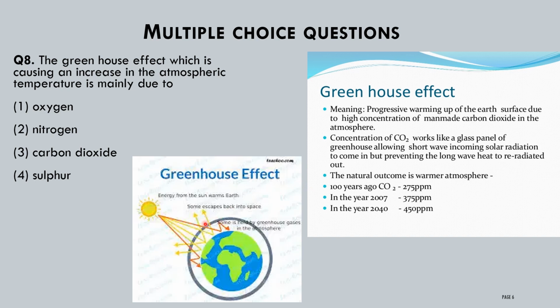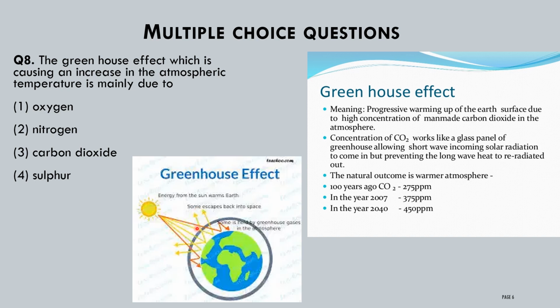Here you can observe the earth and the sun. From the sun we are getting solar radiation. When this solar radiation hits the earth surface, after that it has to re-radiate from the earth surface.